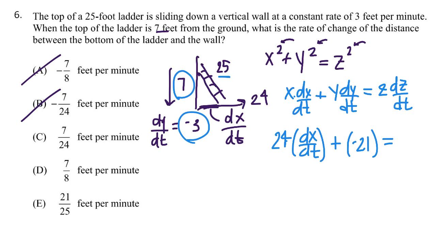We know the length of that ladder is not changing, so that's going to be 0. And so after we go through this algebra, we have dx/dt equals 21 over 24, and hopefully that reduces to be 7/8.